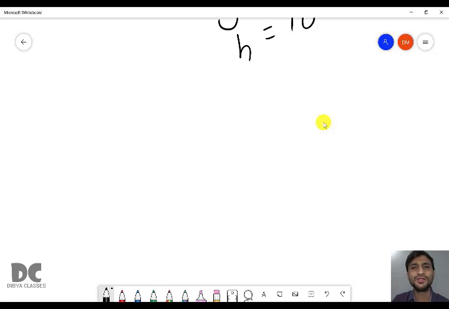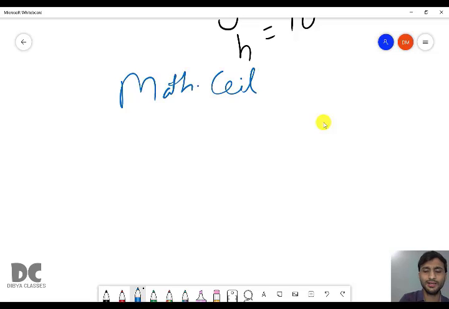So what do Math.ceil and floor do? They delete the decimal part and bring it to the nearest integer form. So how to solve this? Math.ceil and Math.floor.